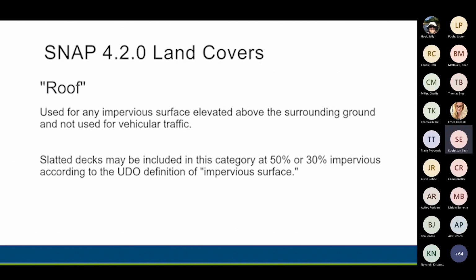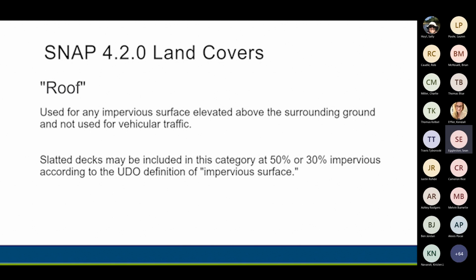Yeah, I can take that. I would point you toward Chapter 12 of our UDO, which contains the definitions for terms in there. Under the impervious surface definition, we currently require decks to be counted as 50% impervious area.